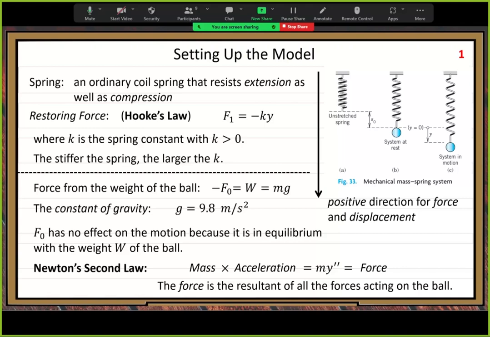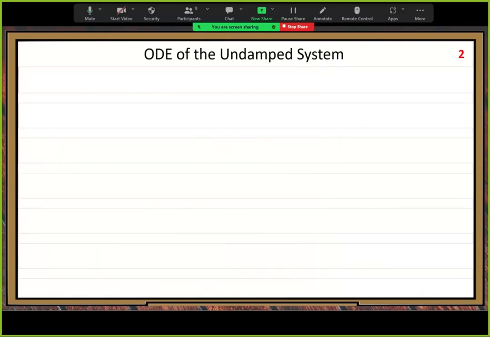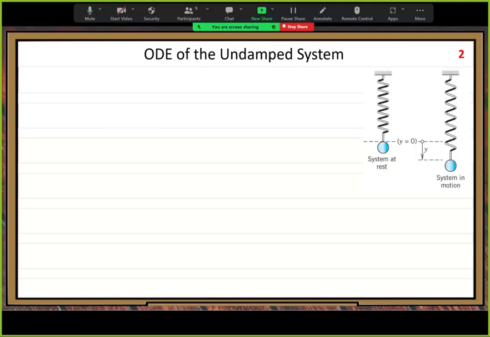So we can set up differential equations. ODE of the first type, the simplest type: undamped system. The simplest, we make an assumption. So look at this system.